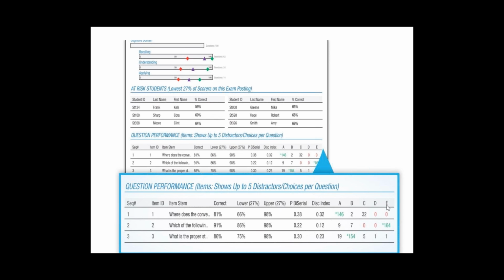So I think you can see that rather than panic about, oh my gosh, I've got to rewrite this entire test, no, you can be a little bit more surgical, frankly, about it. You can go in and pinpoint the areas that you want to improve upon, and you may actually be able to salvage quite a few of these questions and make them much more functional.